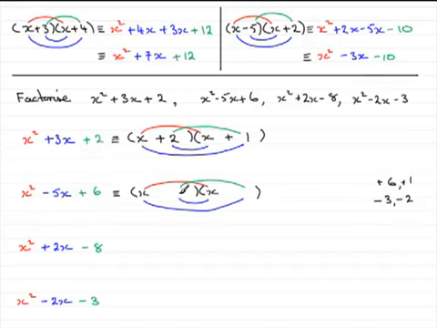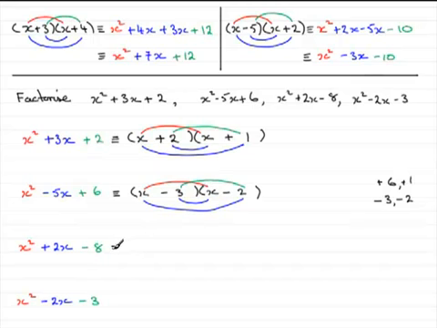So what we've got here is minus 3 and minus 2. So minus 3 times minus 2 is plus 6, and then this gives us minus 3x, and this gives us minus 2x. Minus 3x, minus 2x, minus 5x. Okay? So watch out for your signs, they might have to change.